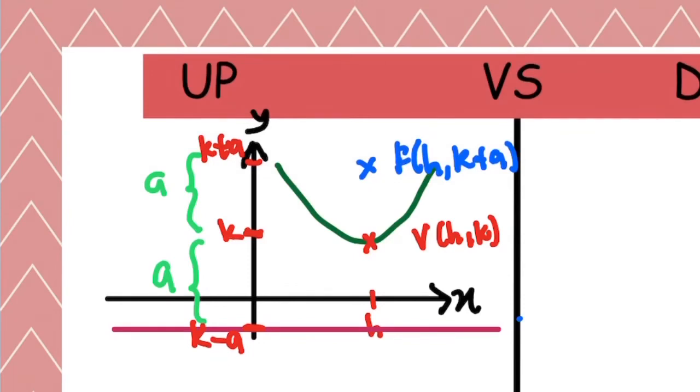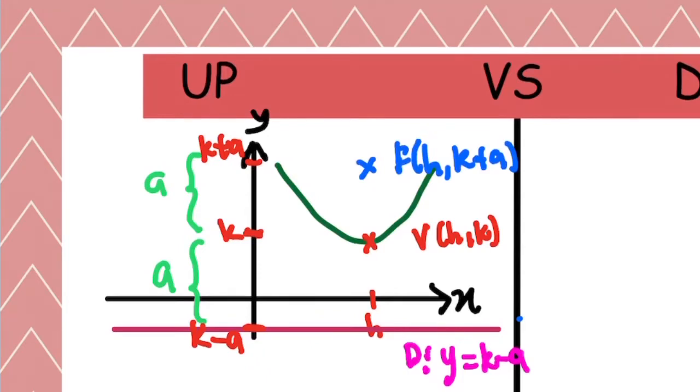Therefore, how about the equation of this straight line, the directrix line here? Your directrix line here is actually the line of y. Therefore, your directrix is y equal to K minus A. Don't forget to write y equal to, because this shows that this is the line.